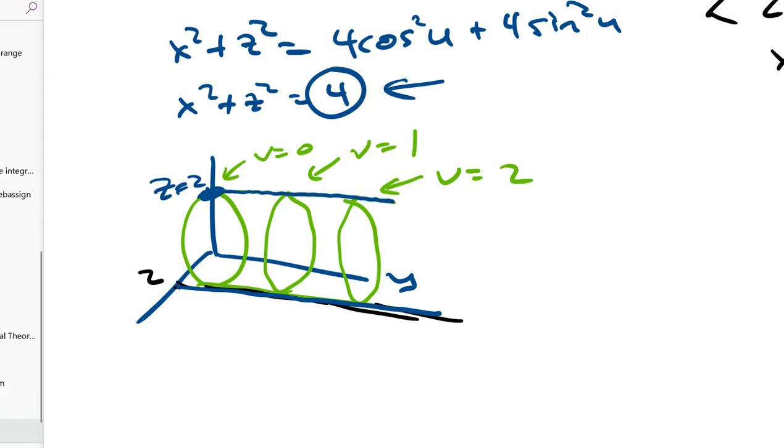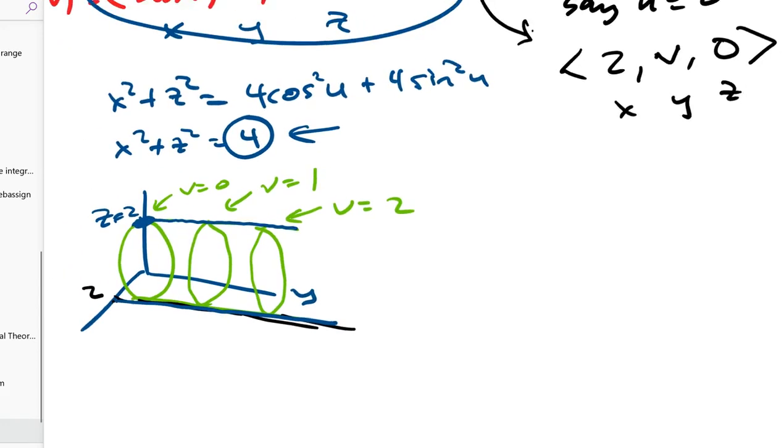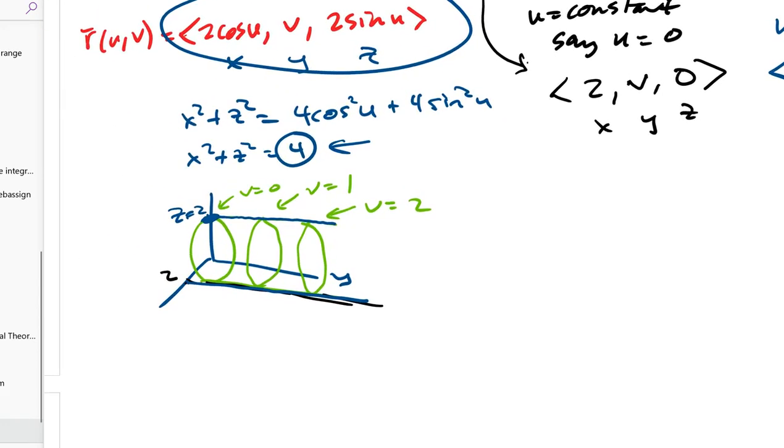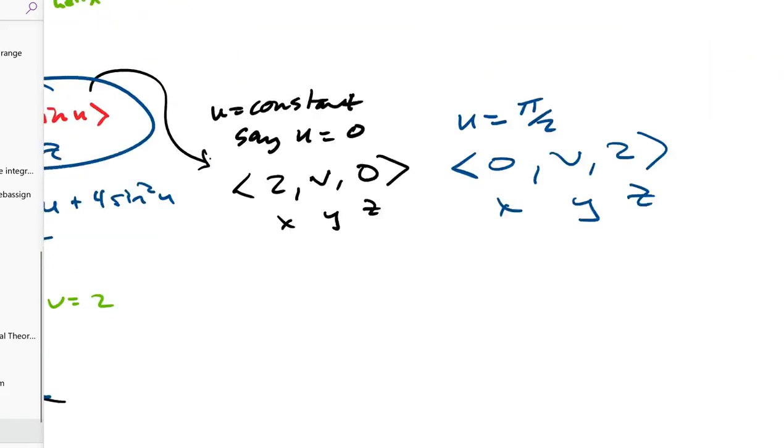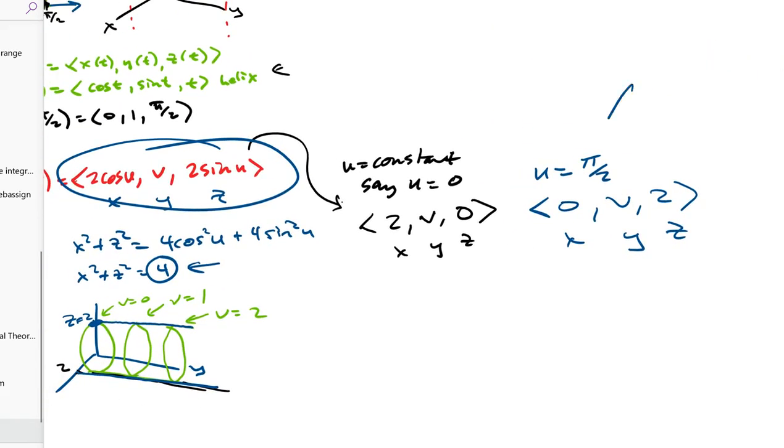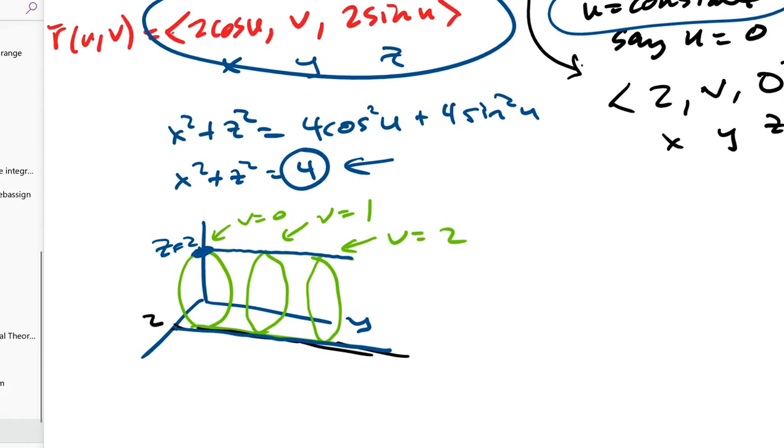So what happens is, for every u value, whenever we hold u constant, we have different u values, we get a new line going along the y-axis like this.